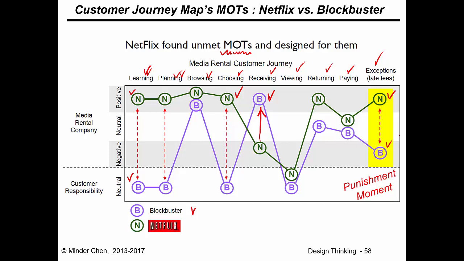The story behind Netflix is that the founder was charged a high late fee, like $48, for the Apollo 13 movie that he rented from Blockbuster, and got really upset and decided that he wanted to create an online rental business for movies. And that's how Netflix was invented.